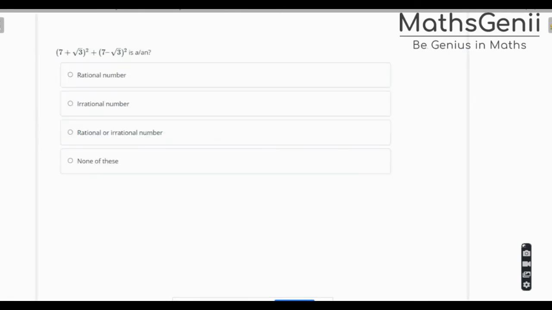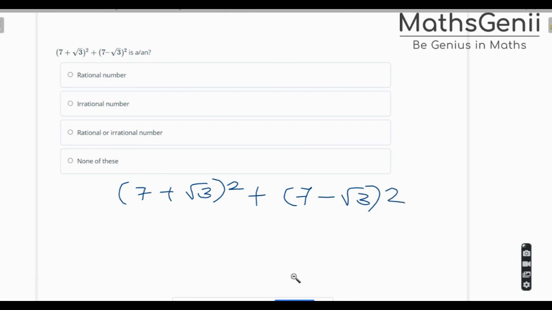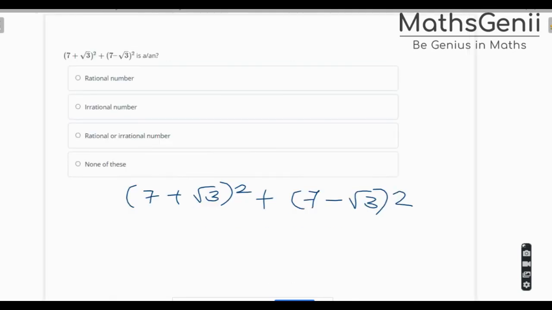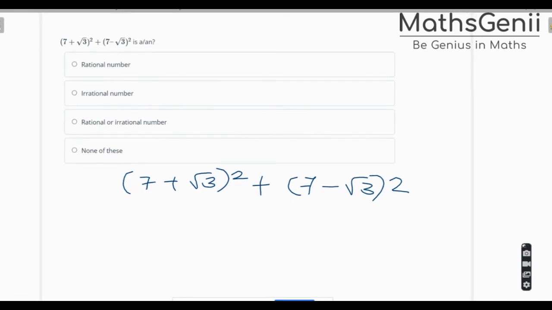Now this question. This question involves a formula that you might have studied in standard 8th. Okay, very basic formula. Which formula am I talking about? Do you remember the formula which was a plus b the whole square?